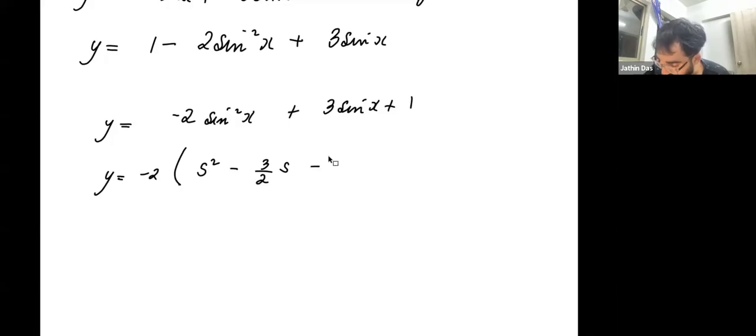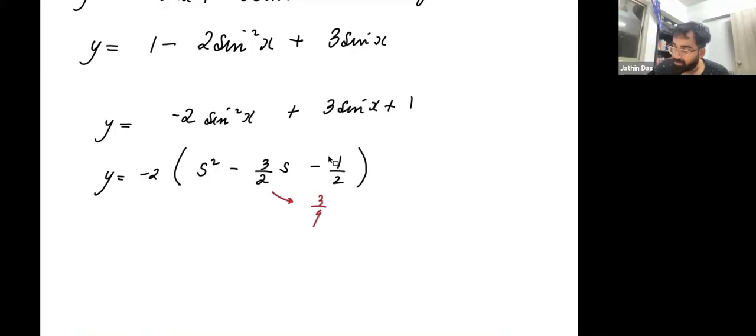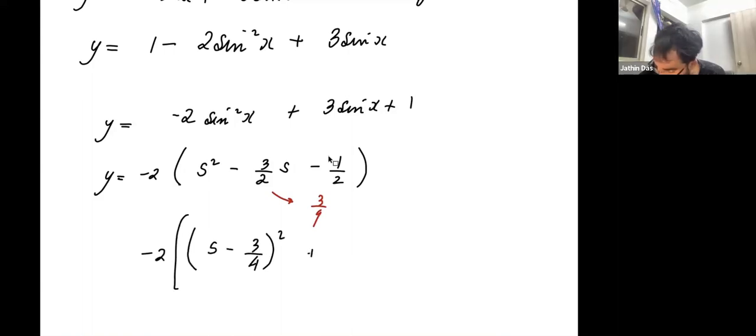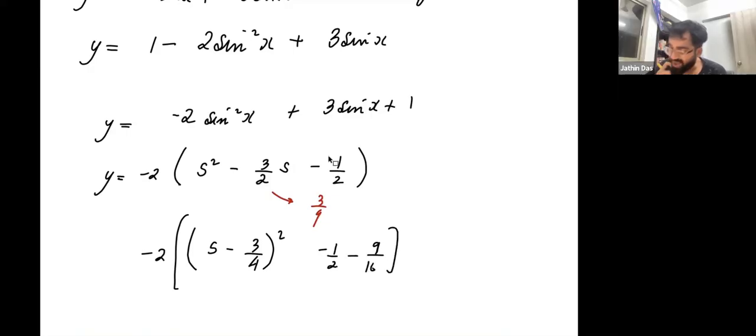Minus half. ऐसे आएगा क्या? Yeah. Now, what is the half of this? 3 by 4 hai. So sin minus 3 by 4 whole square. Minus 2 plus 9 by 16. Minus half. Minus 9 by 16.